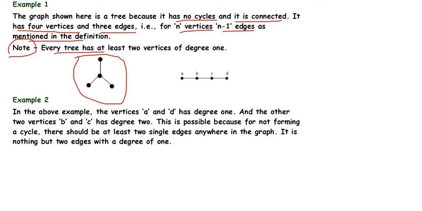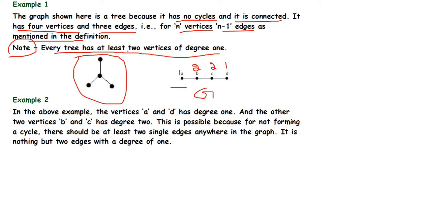Every tree has at least 2 vertices of degree 1. So what do you mean by every tree has at least 2 vertices of degree 1? Here we have a graph, for example this graph G. Here we have the degree of each vertex: A is 1 as it has only one edge, the degree of B is 2, the degree of C is 2, and the degree of D is 1.